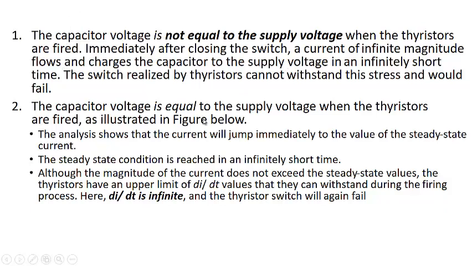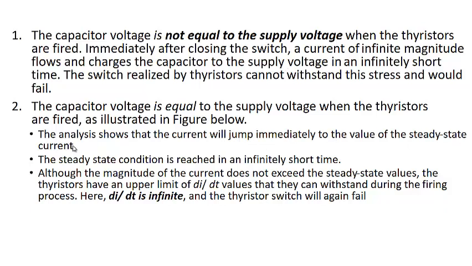if the capacitor is charged to a voltage and it is fired at the supply voltage which is equal to the charged voltage of the capacitor, the current will jump immediately to the value of the steady state current. Here also there will be no transient because again RC is 0.